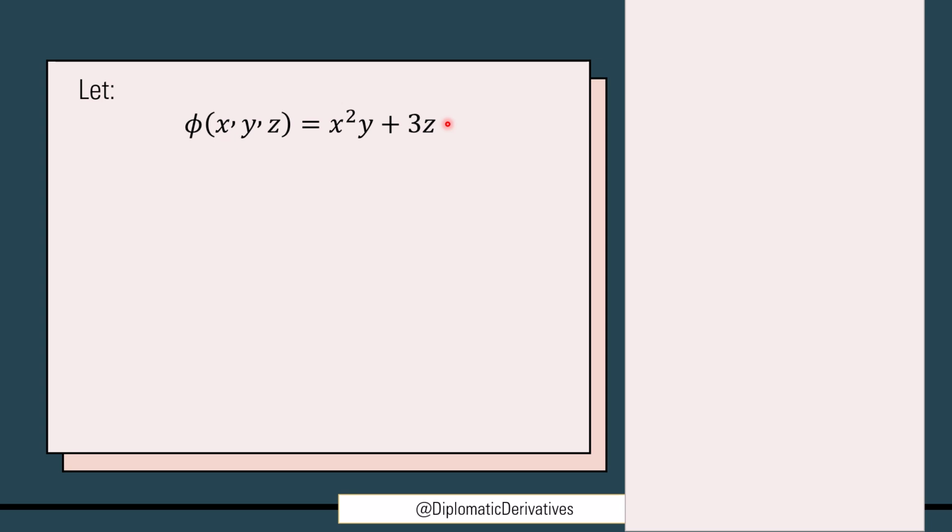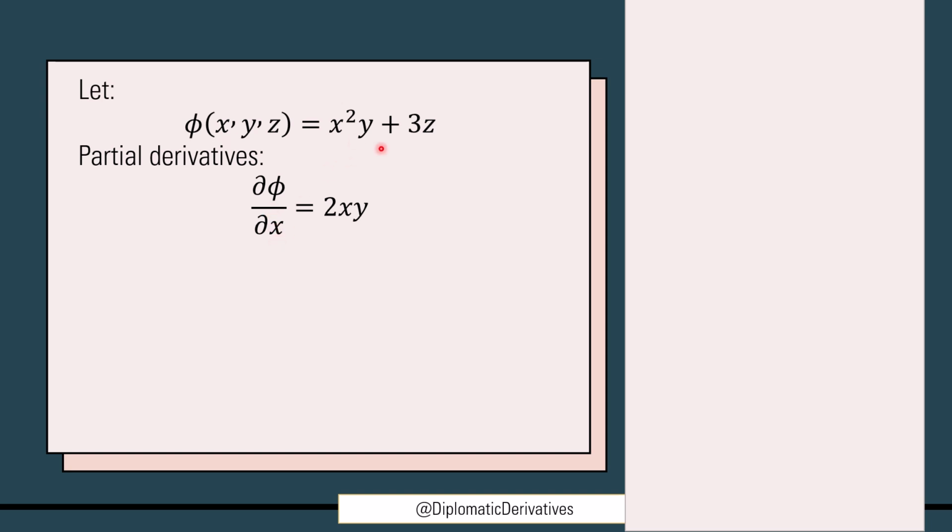Now for finding del phi, that is nabla phi, we know that it is the partial derivatives: del phi by del x, del phi by del y, and del phi by del z, right? So how do we find del phi by del x? You're taking the derivative with respect to x.